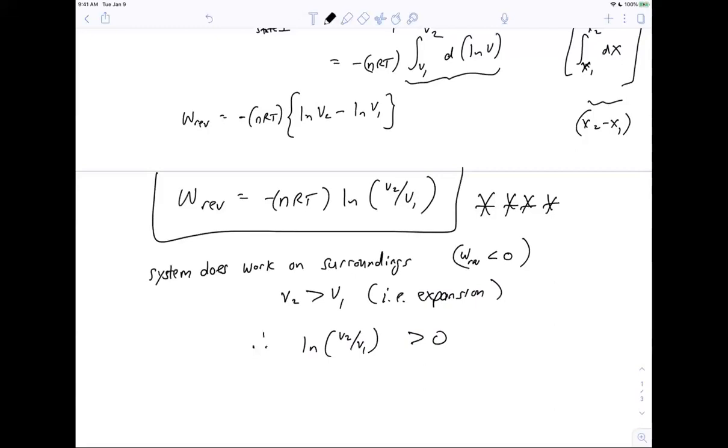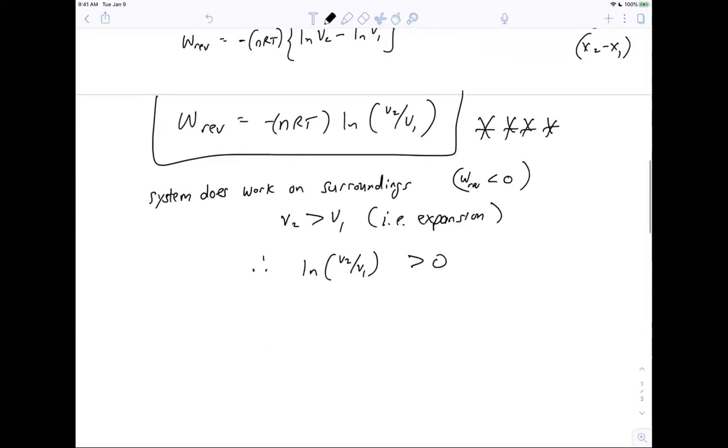V2 will be greater than V1, so the argument is going to be greater than 1. And since everything else in the equation for reversible work is positive, except for that minus sign at the beginning of that expression, work reversible indeed will be negative for this case where the system does work on the surroundings, for example, an expansion of an ideal gas.